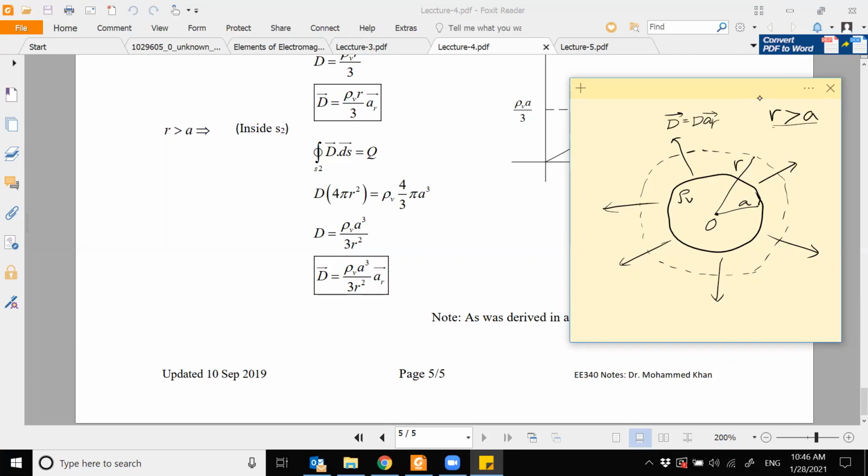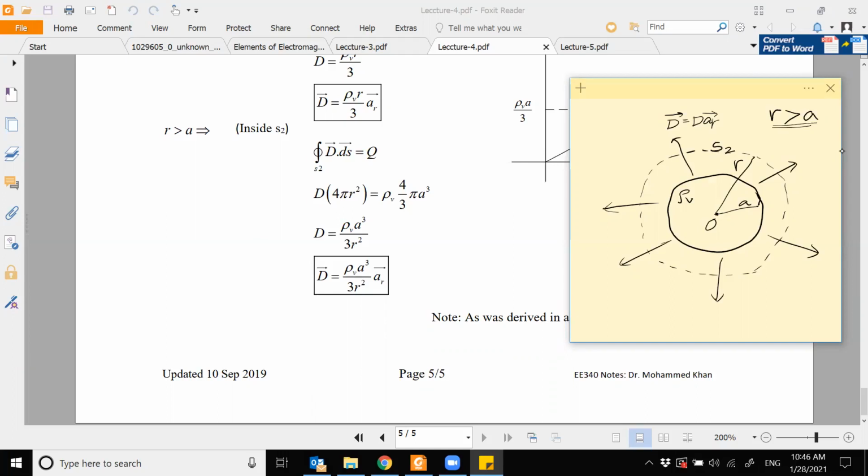That means I have applied the Gauss surface outside the sphere. This is my spherical surface S2.